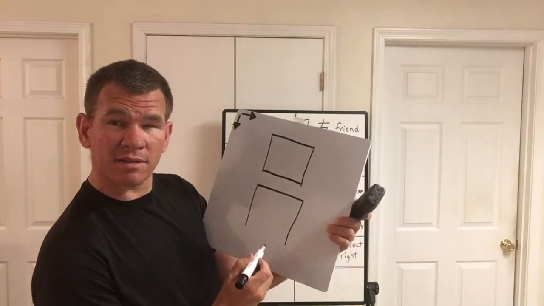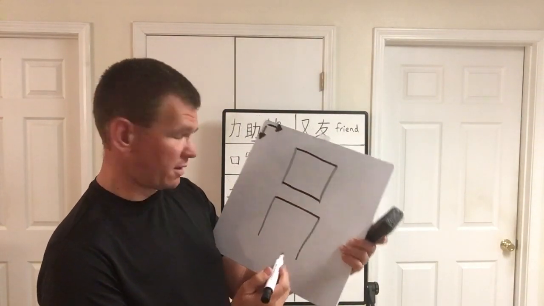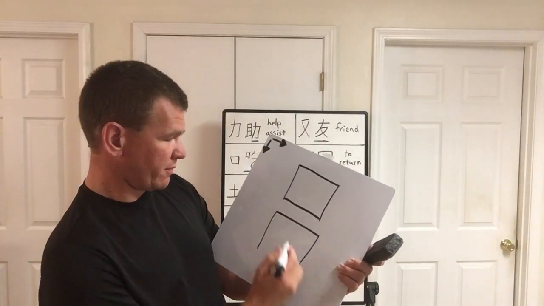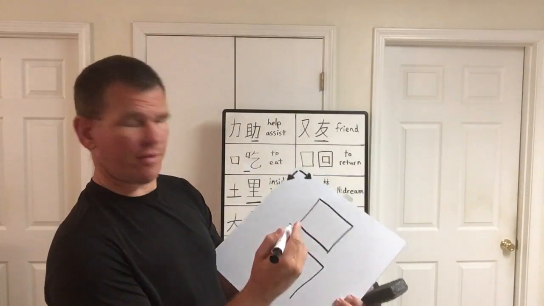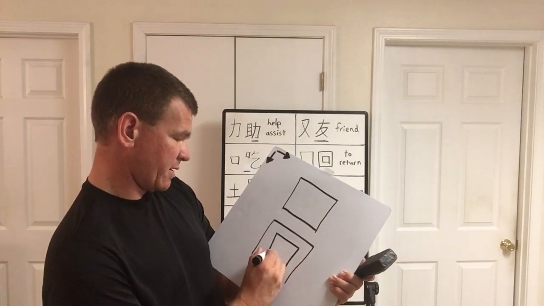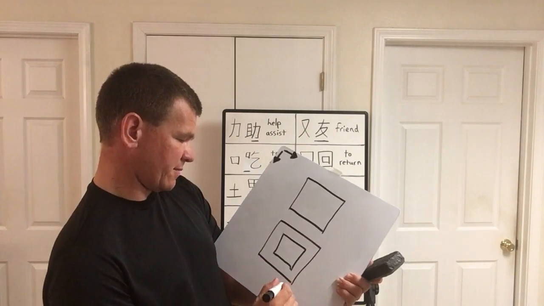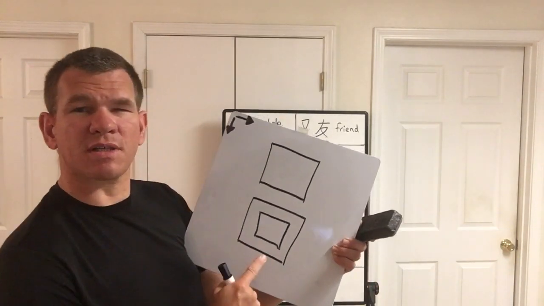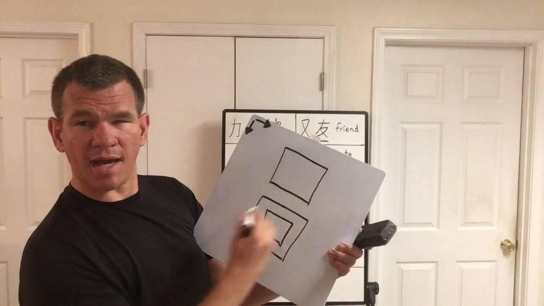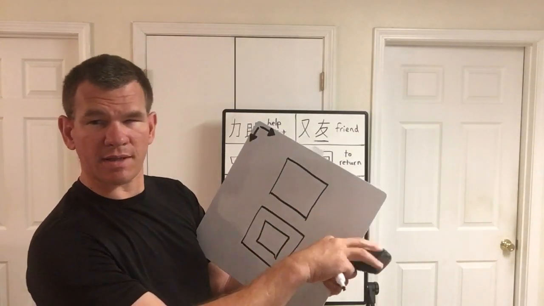When you have something on the inside, you finish the inside before you do the last line. So 1, 2, and we're doing a mouth on the inside. 1, 3, 4, 5, 6. This means to return. And of course the outside of this character is the radical, the enclosure of the outside part of it.